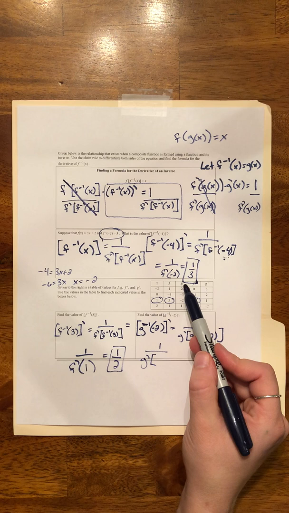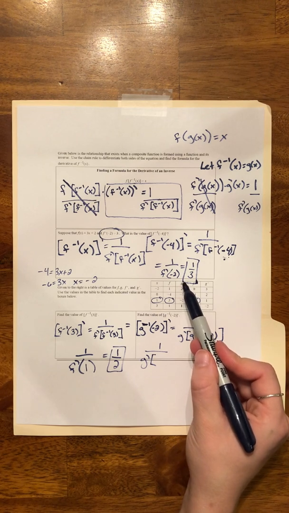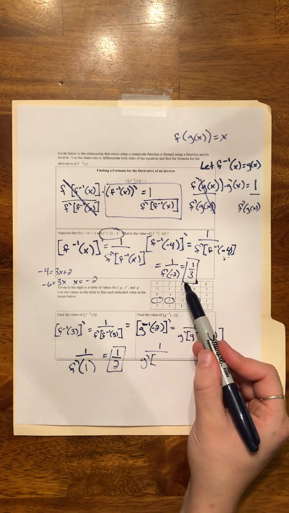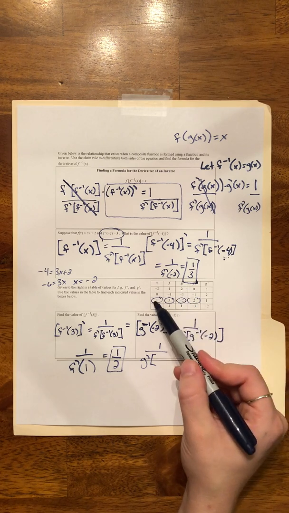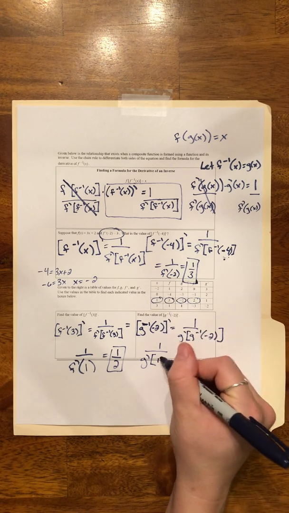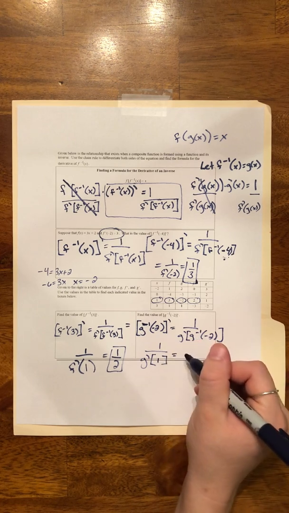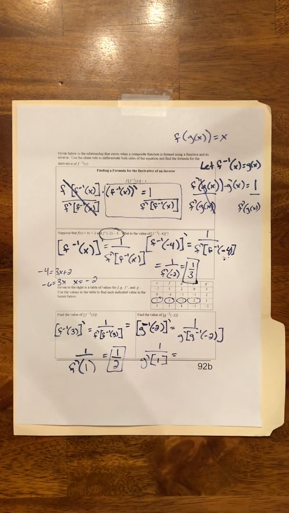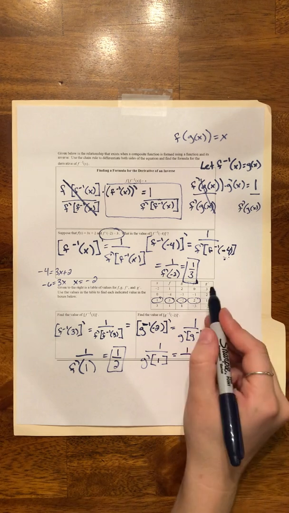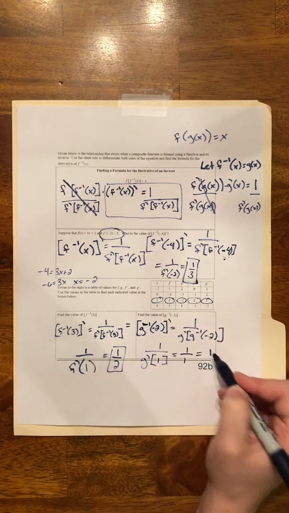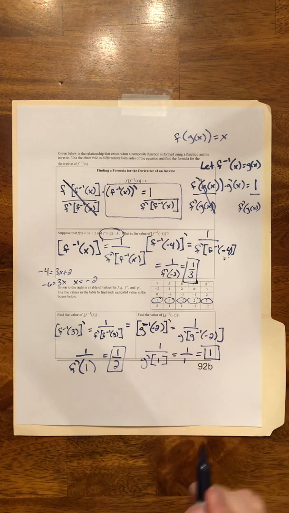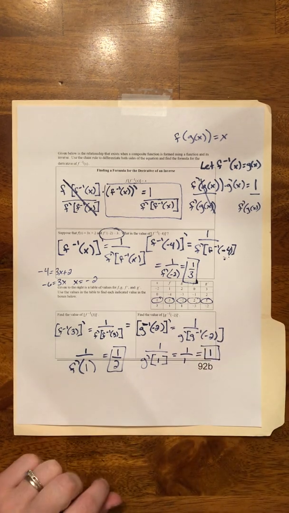Again, I don't have a g inverse on here, so I'm going to treat my y values like x's, my x values like y's. So g inverse of -2, I see it's down here. So I'm going to go over to my x, which is 1. 1 over g prime of 1. G prime of 1 was 1. That's nice how we used everything in that row. So the slope of the tangent is 1.